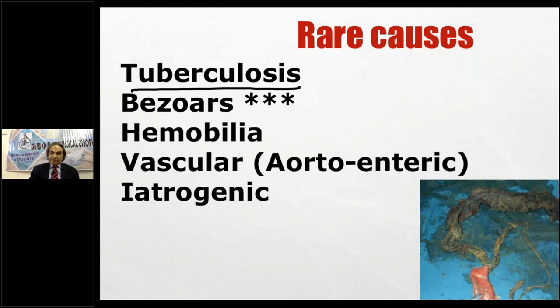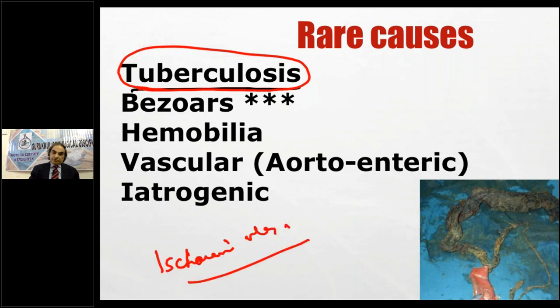In tuberculosis, they are ischemic ulcers, which are due to end arteries having thrombus. So they don't bleed. But if there is no fibrosis or if there is no immunity, then it will bleed.